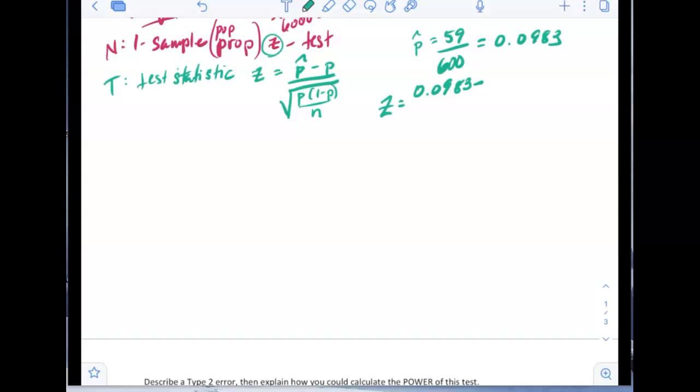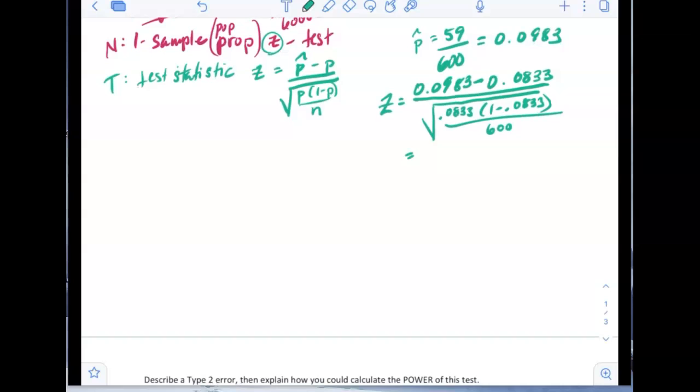So 1/12, if I turn that into a decimal, your choice whether you want to or not, 0.0833. And then we're going to go and create the standard deviation underneath. Now underneath, remember, if we have the population proportion, the null hypothesis proportion, that's the one we want to use. So this is going to be the 0.0833, 1 minus 0.0833 over 600. Okay, going to calculate that out, come up with a Z-score.